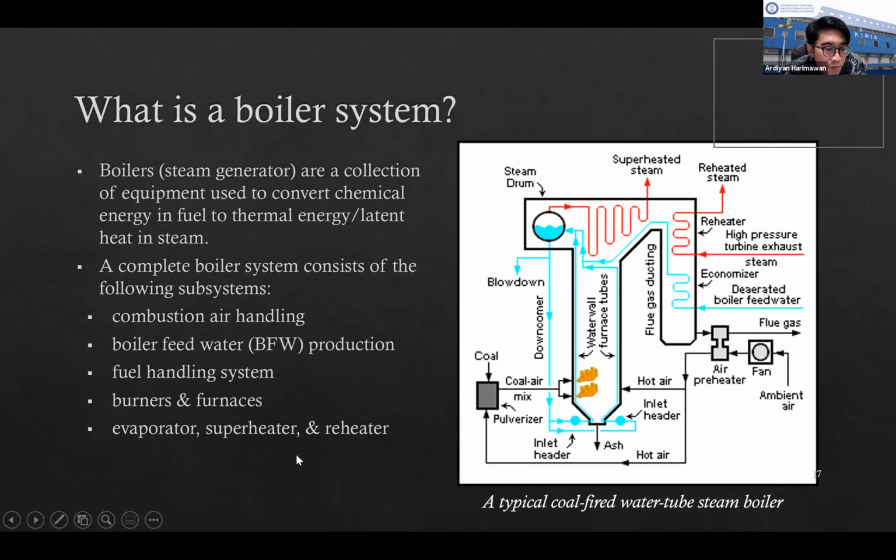And then we have the evaporator, superheater, and reheater, because the heat provided by the combustion, the heat that is brought by the combustion gas, can be used in several steps.